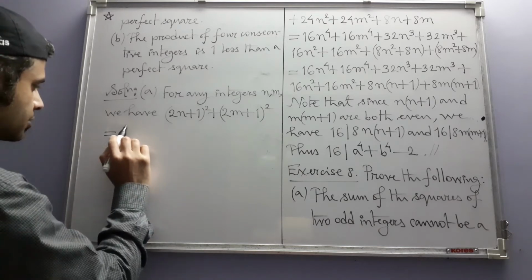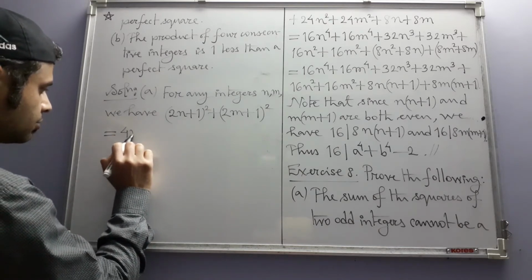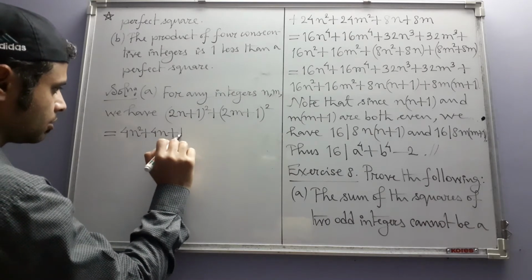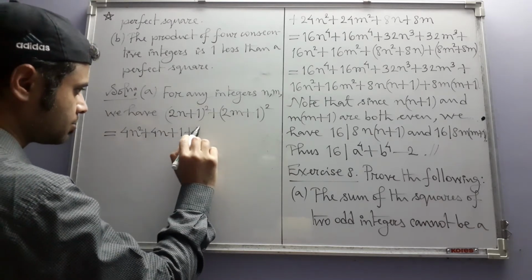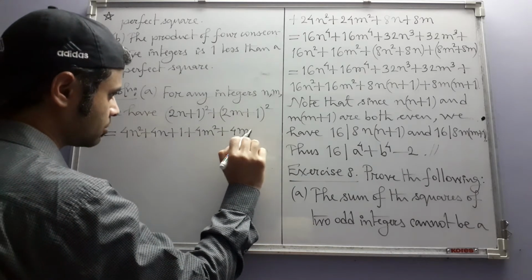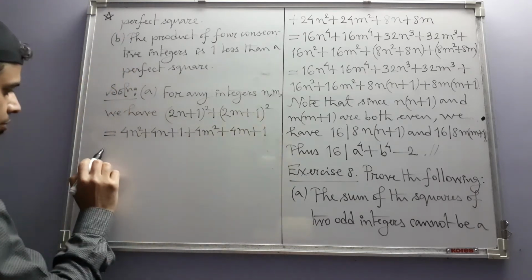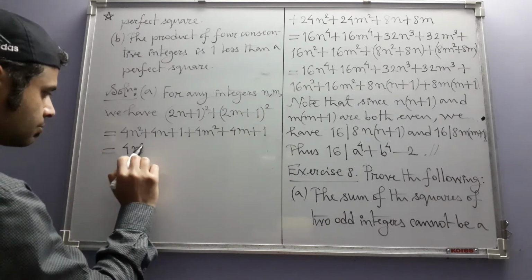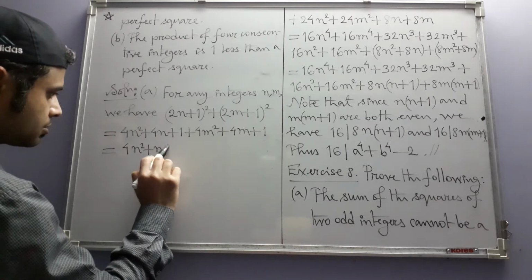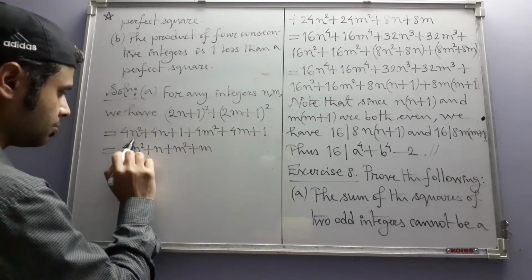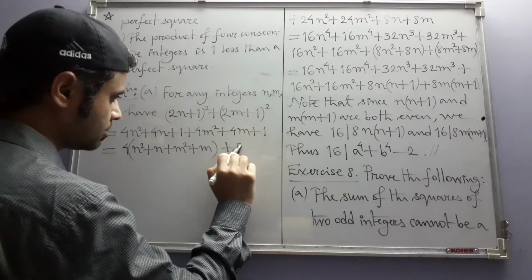If we expand these powers, we get 4n square plus 4n plus 1 plus 4m square plus 4m plus 1, which is equal to 4 times n square plus n plus m square plus m plus 2.